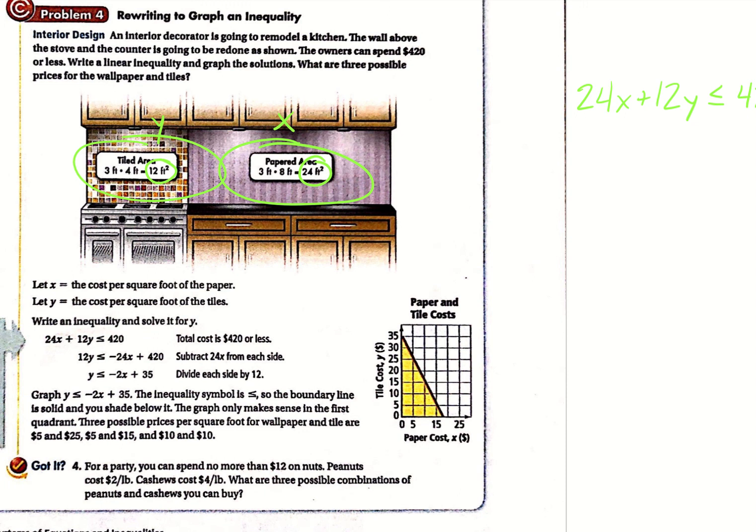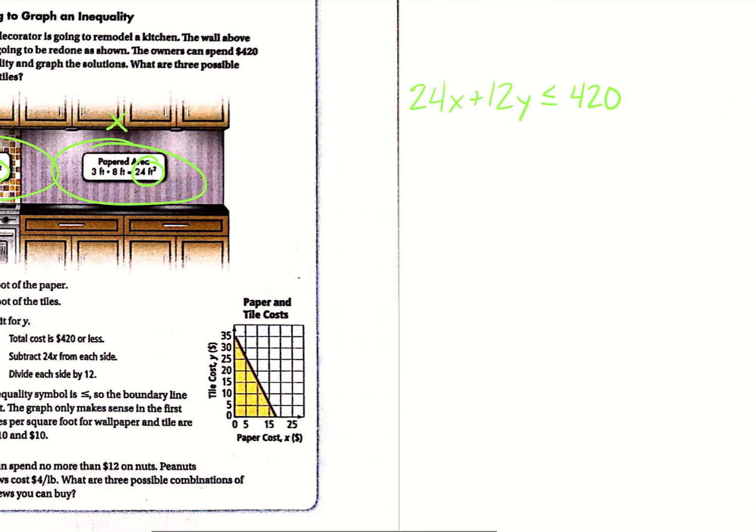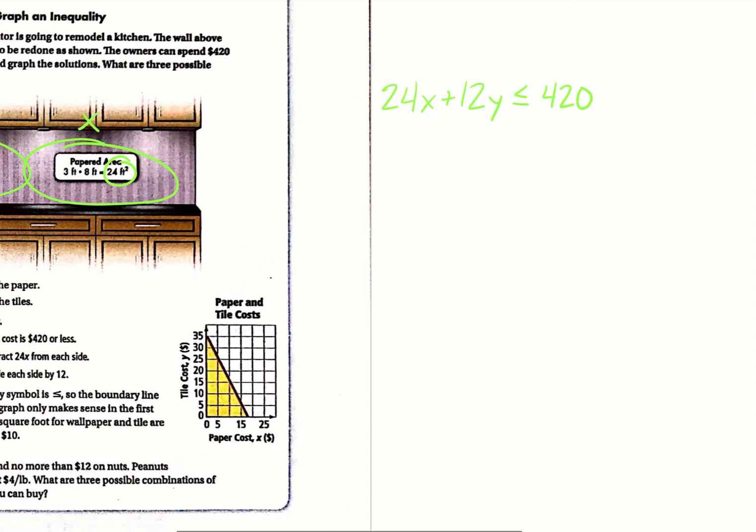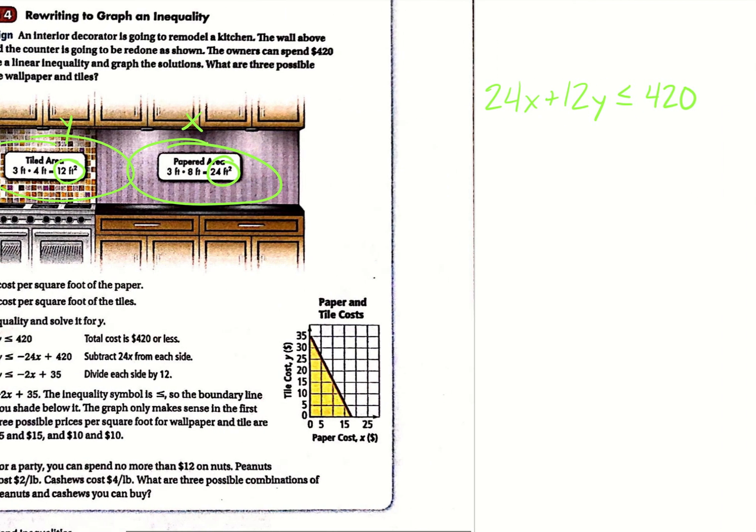From there, we are just going to go ahead and simplify for the variable y, just because it's typically good for us to work in terms of y, since that's what we're used to seeing with slope-intercept form. That's going to give us 12y is less than or equal to negative 24x plus 420.